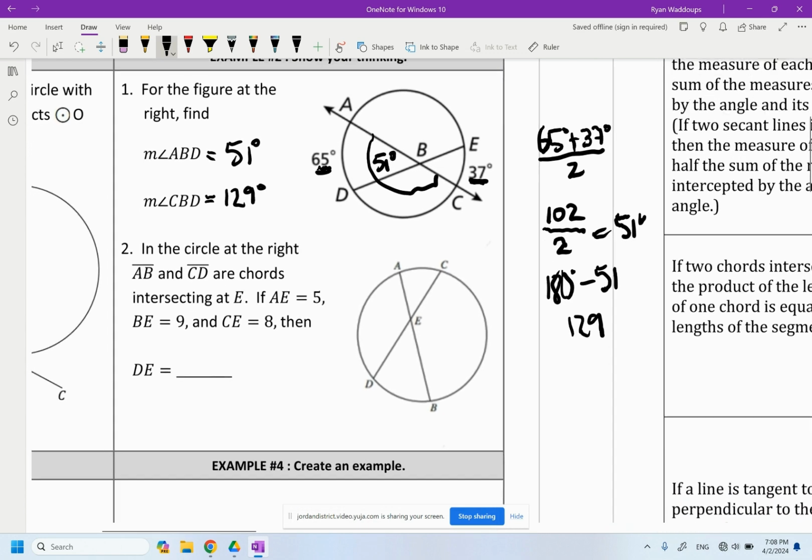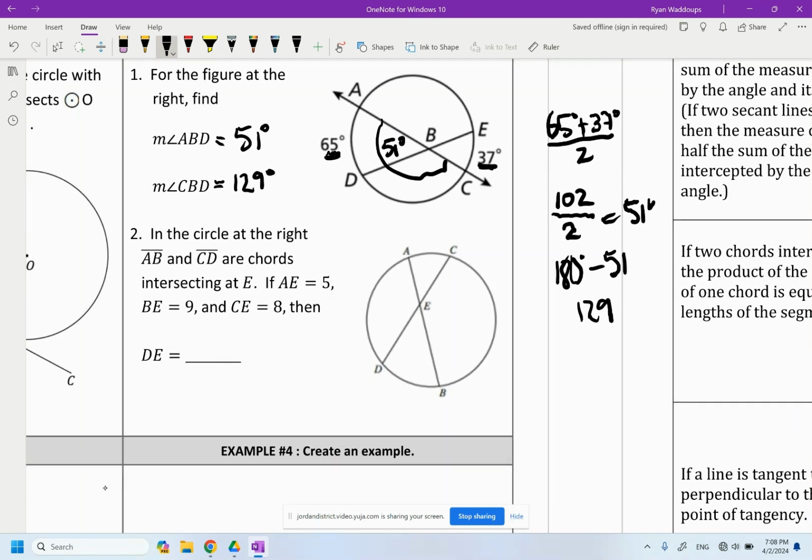All right, another example here. It says in the circle at the right, segment AB and segment CD are chords intersecting at E. If AE equals 5, let's go ahead and label that, this is 5. BE equals 9. And CE equals 8. Then DE equals what?